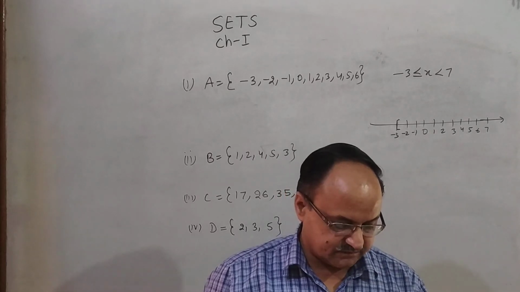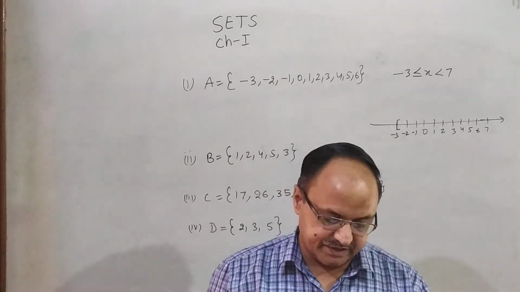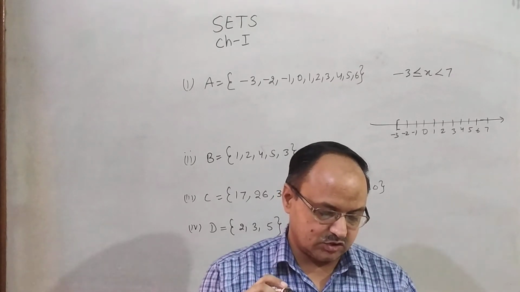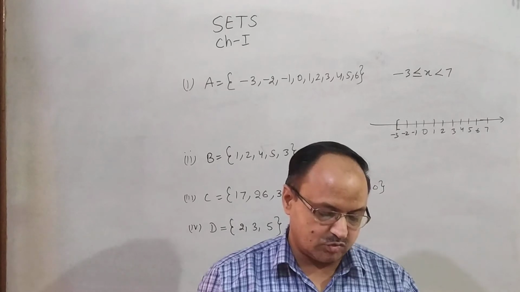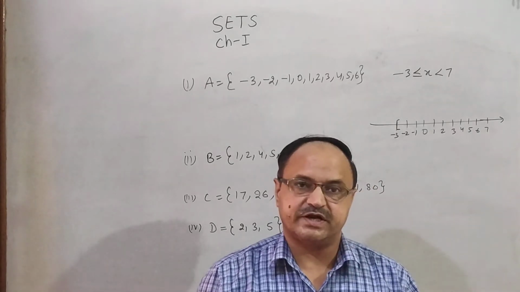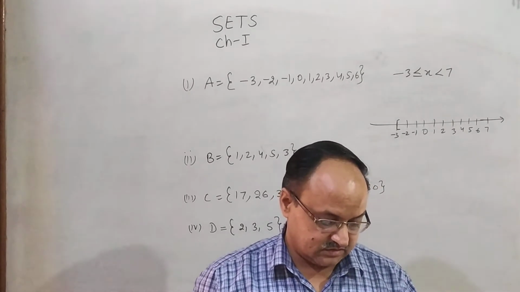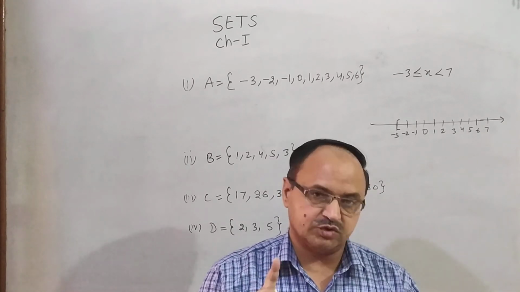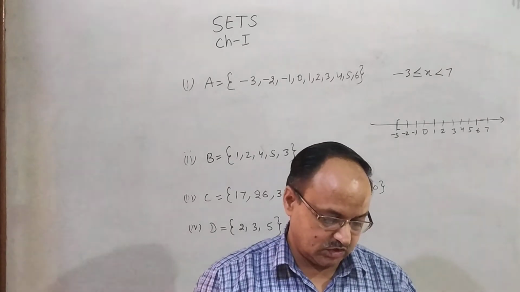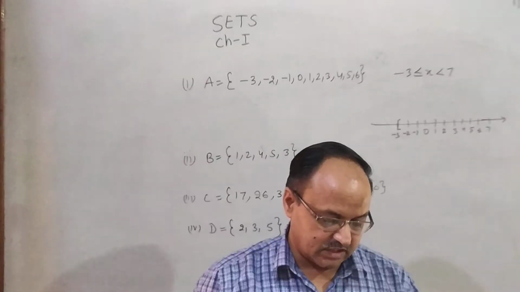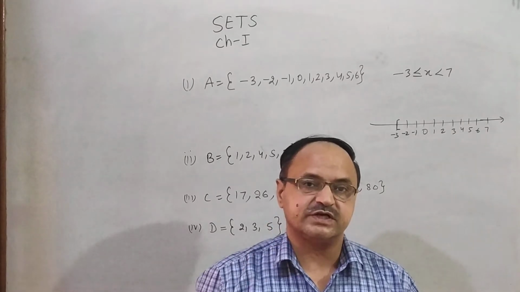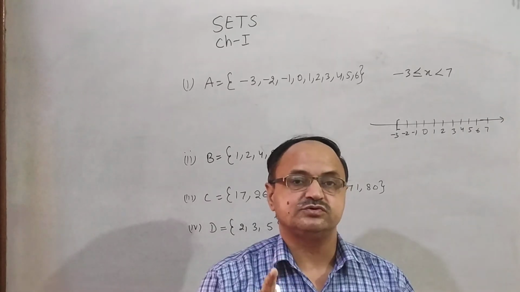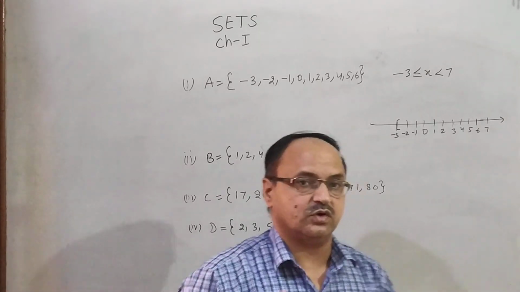And the fifth part, set of all the letters in the word trigonometry. You can write T, R, I, G, O, N, like this. In this word, O is repeated 2 times, so you write O only once. R is also 2 times, so you write it only once. And T is also 2 times, so you write it only once.